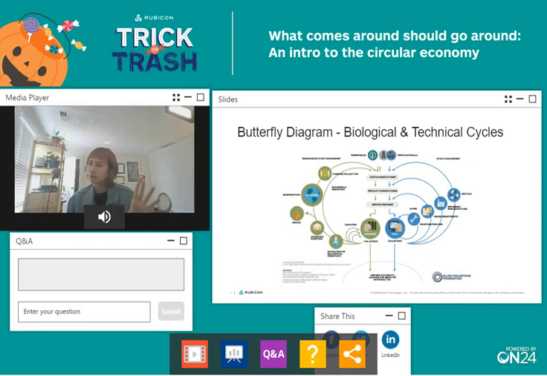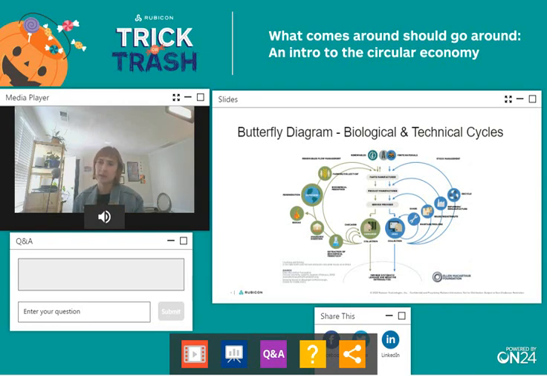Then as we get to the bigger circles on the outside, we're talking about things like composting, anaerobic digestion, really returning those nutrients back to the soil so they can be farmed and made into new types of food. Obviously, there's other examples that could fall into these biological cycles, but food is a really good example.